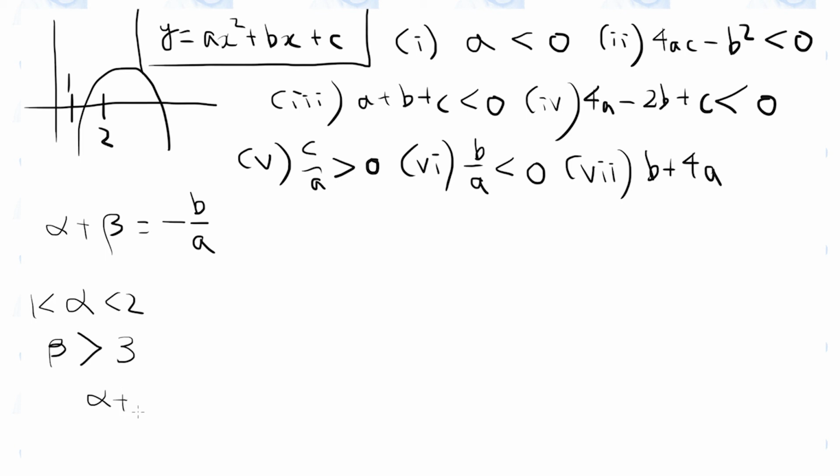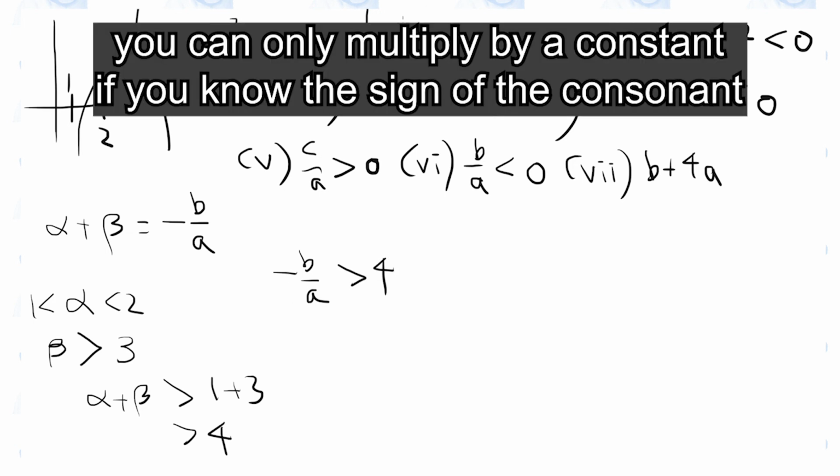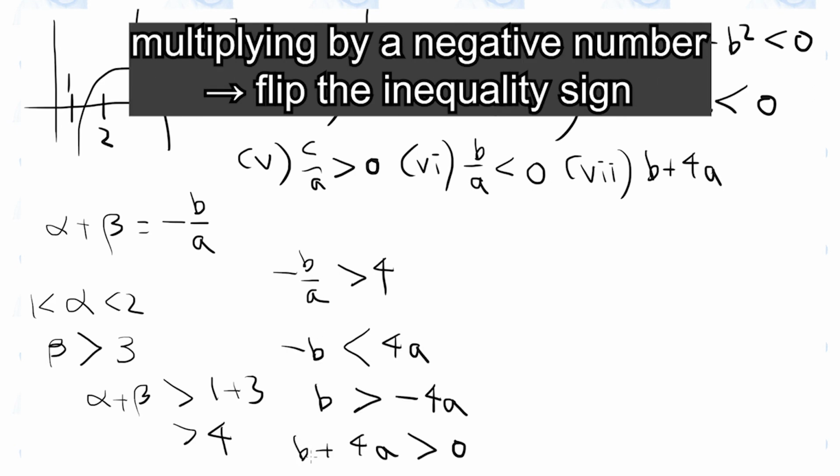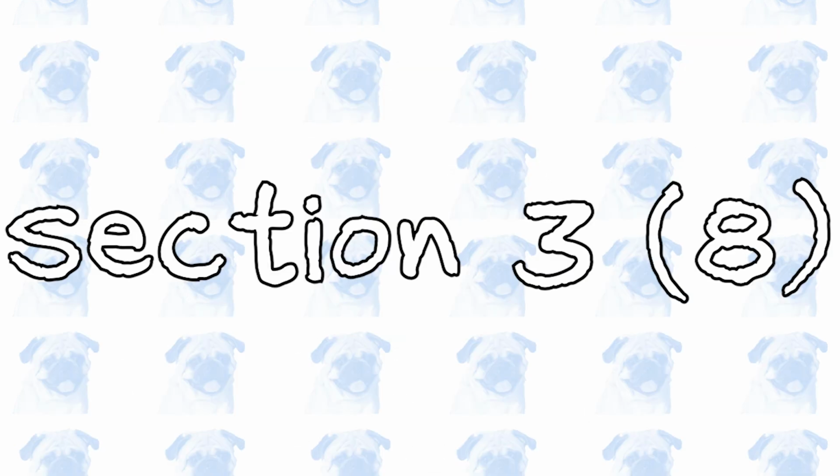So alpha plus beta is greater than 1 plus 3, or 4. So minus b over a is greater than 4. Now let's multiply both sides by a, but part 1 tells us that a is negative, so we need to remember to flip the inequality sign. So b plus 4a is greater than 0.